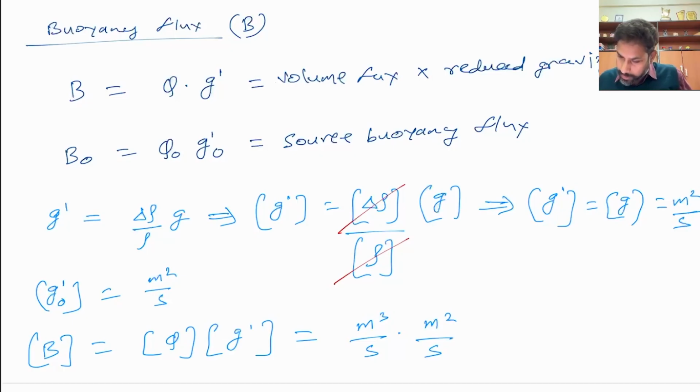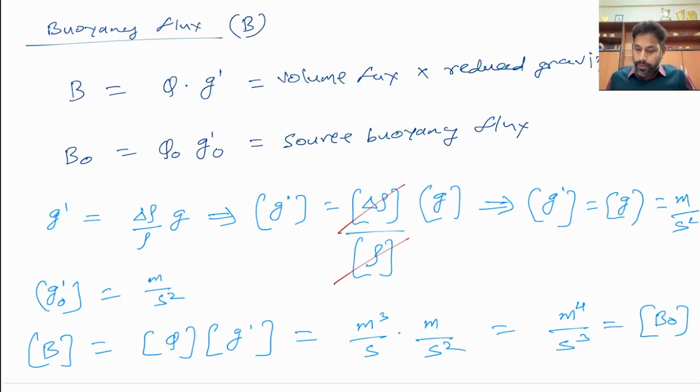I think I was making a mistake earlier, it has to be meter per second squared. This is a silly mistake. And that is why B becomes meter to the power 4 by second cubed. This is the dimension of B and also B naught.